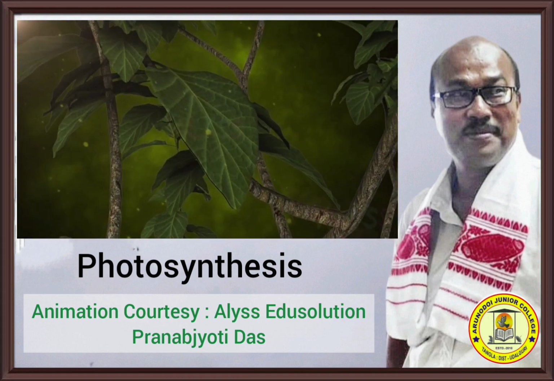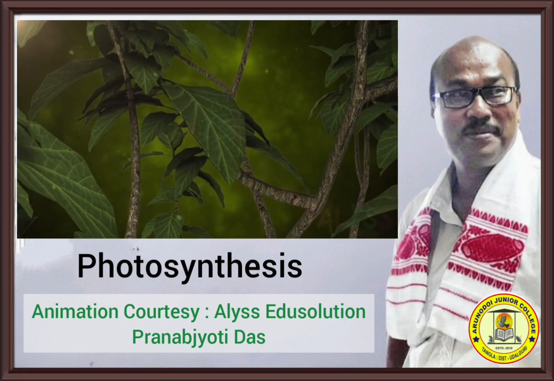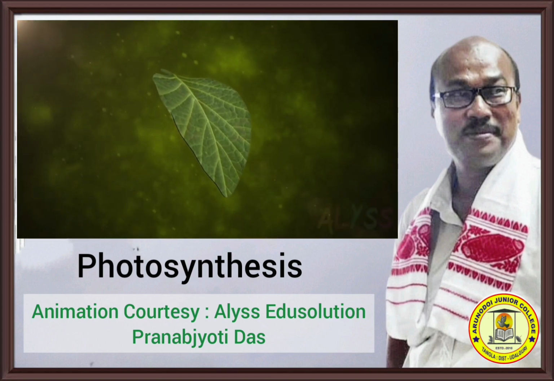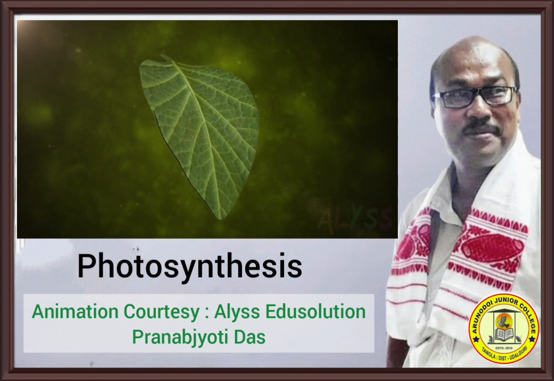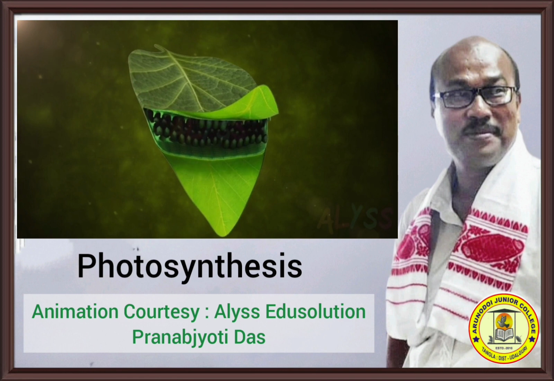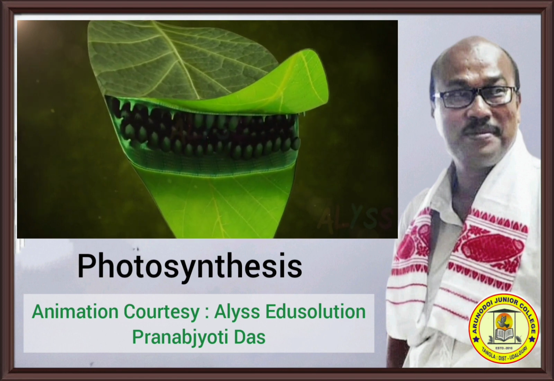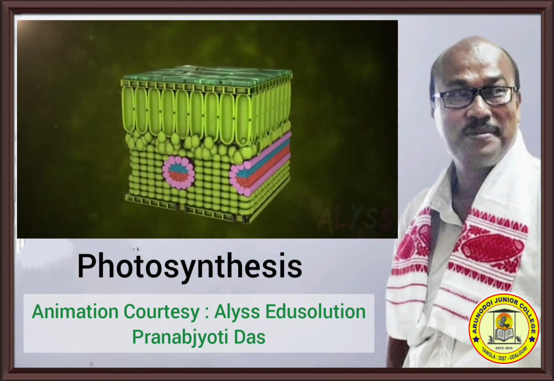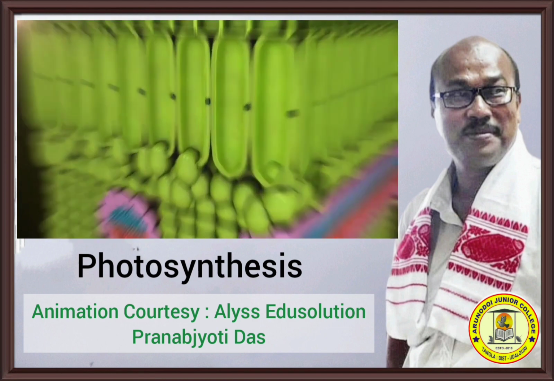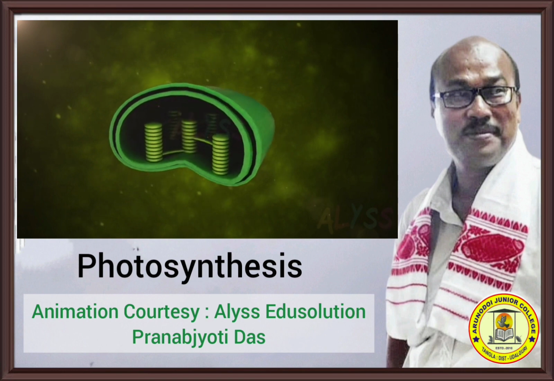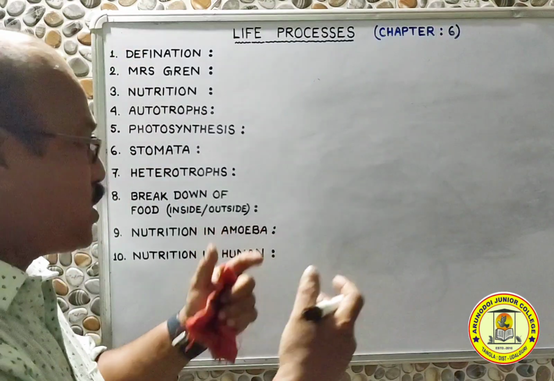Green plants are the only organisms having the ability to trap energy from the sun to make food. How? You know leaves are green. Leaves have the green pigment chlorophyll present in the cell organelle chloroplast that traps solar energy to convert it into chemical energy in the form of carbohydrates. And this process is called photosynthesis. So the animation is complete.